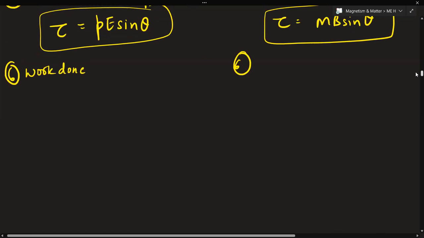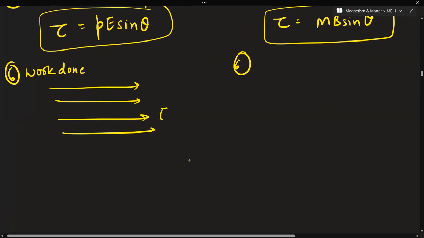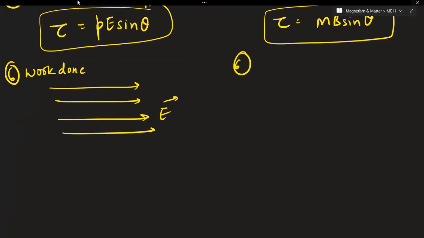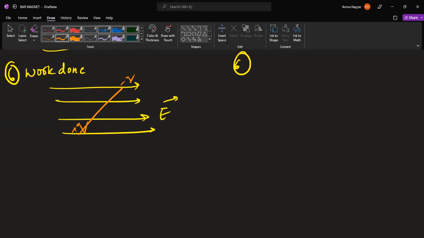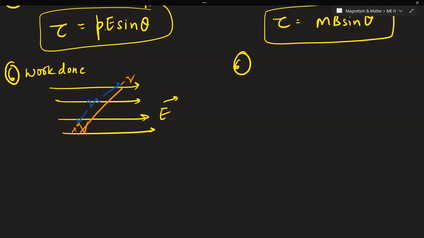So see, for work done and potential we will see. Potential will be the work done only. Work done will be what? See, if these are your electric field lines, it is a revision. Pay attention, class. Your dipole is here, plus Q, minus Q is here. Let's say 2A is the separation between. So it will change its angle.